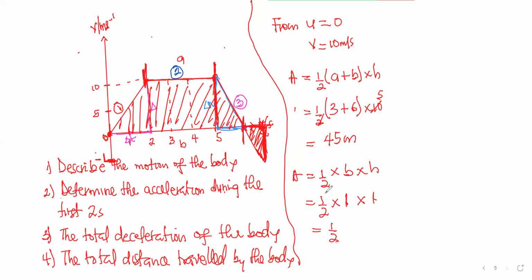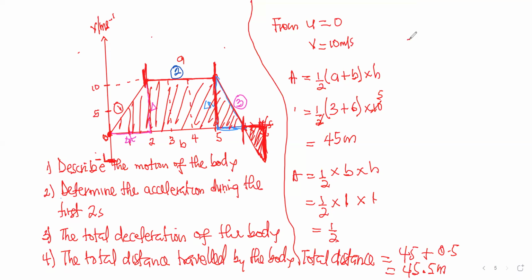So the total distance will be equal to the area under the whole thing. So 45 plus 0.5, half. So this is 45.5 meters. That will be the total distance traveled by the body.